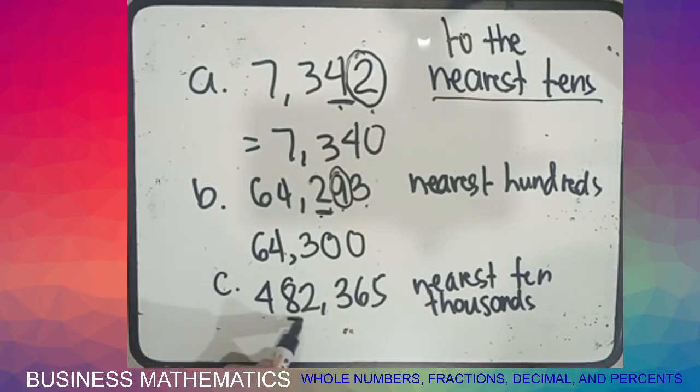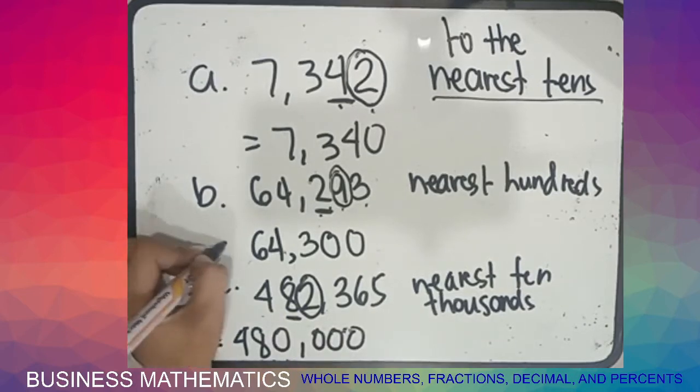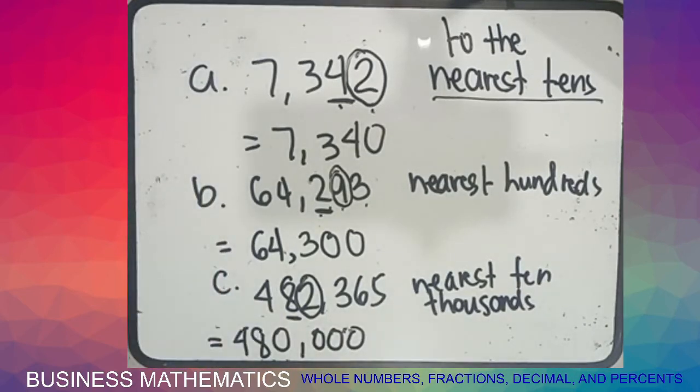So, 8 ang 10 thousands. So, pag na-round up natin siya, yung nasa kanan niya ay 2. So, 4 pababa siya, di ba? Magiging 480,000. So, ganun lang kasimple kapag nagra-round off. So, yun natatandaan nyo ha, pag nagra-round off kayo.